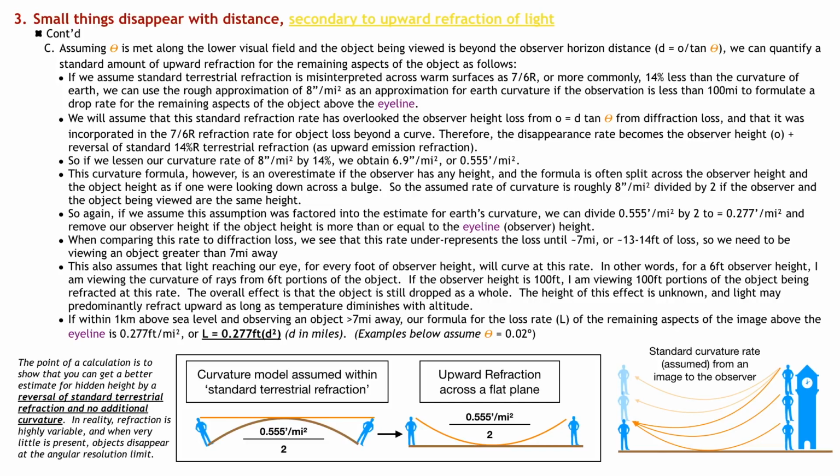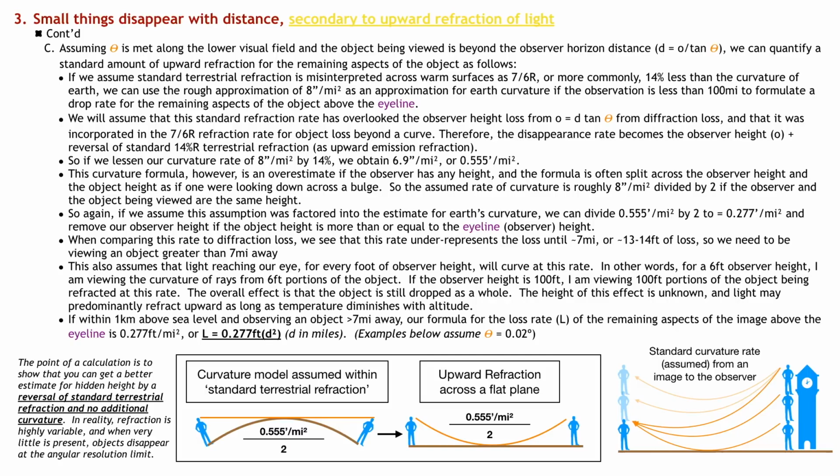So when comparing this rate to diffraction loss, we see that this 0.277 feet per mile squared underrepresents the loss until approximately 7 miles, or 13 to 14 feet of loss. So we need to be viewing an object greater than 7 miles away in order for this to be a factor. And this also assumes that light reaching our eye for every foot of observer height will curve at this rate.